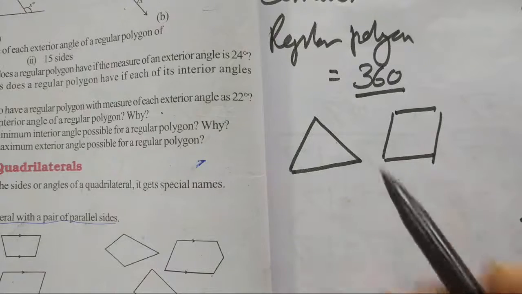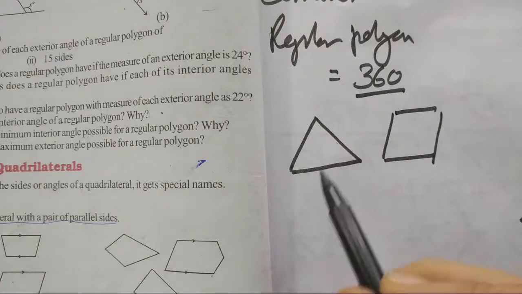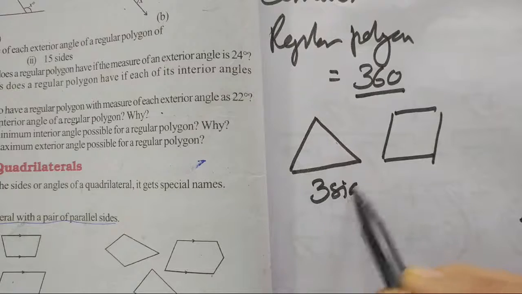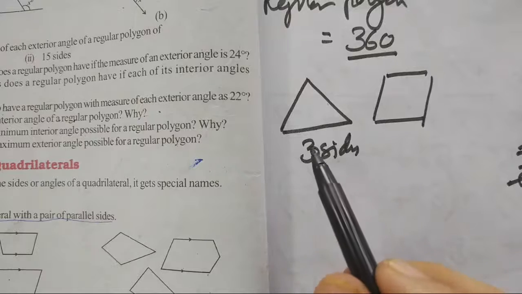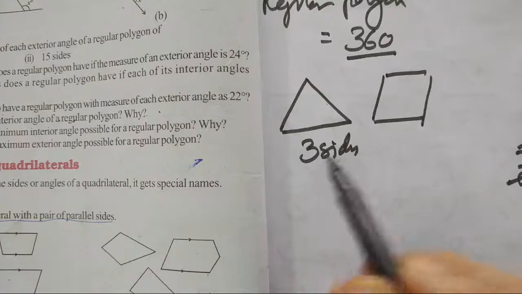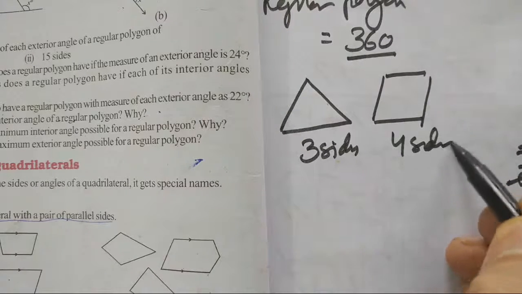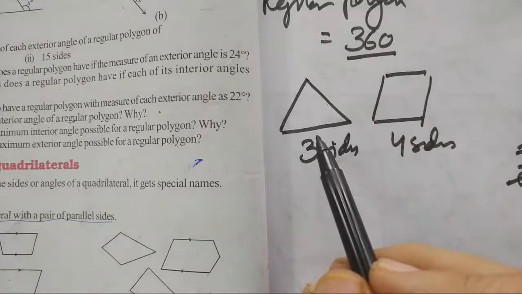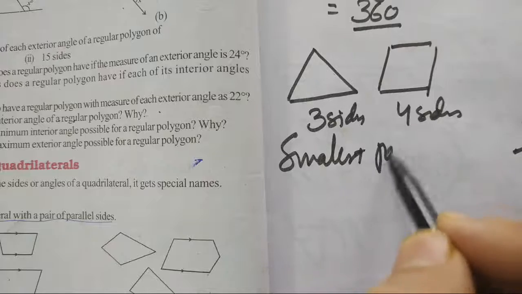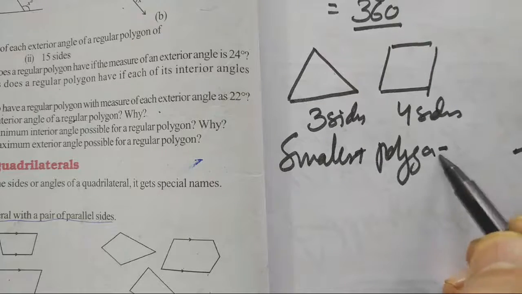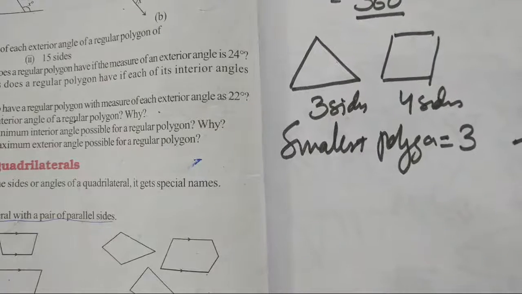Now why 60? Because a polygon is possible with a minimum of 3 sides. A figure cannot be made with 2 sides. So at least a 3-sided figure should be there. The smallest polygon is a 3-sided figure.